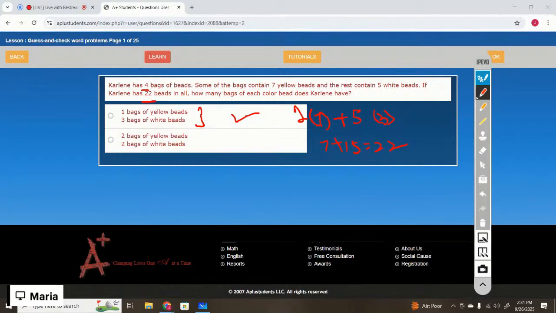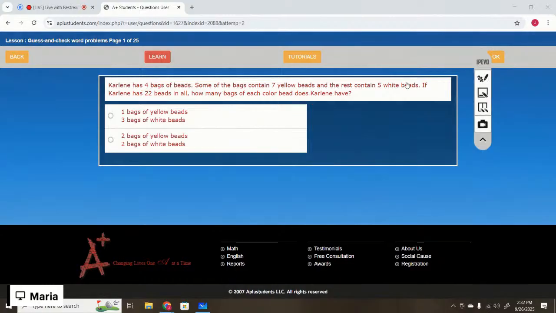One of them is yellow and 3 of them are white beads.